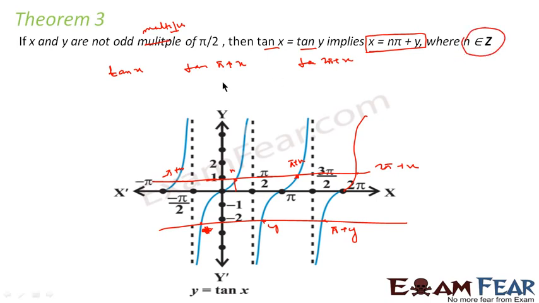So tan x is equal to tan of pi plus x is equal to tan of 2 pi plus x. So that's why we can form a general formula that x is equal to n pi plus y. Please note, this should not be equal to pi by 2, because at pi by 2 it becomes infinity. For tan pi by 2 it becomes infinity.